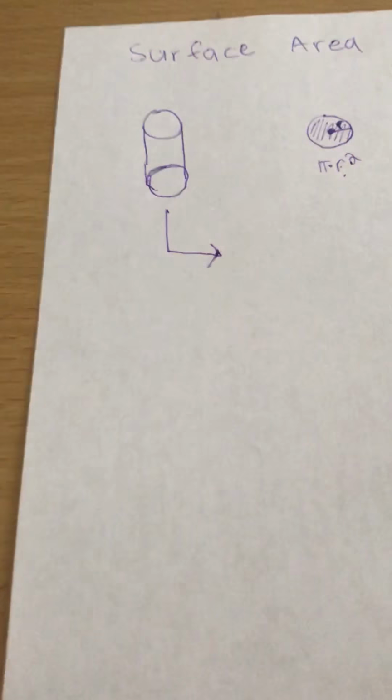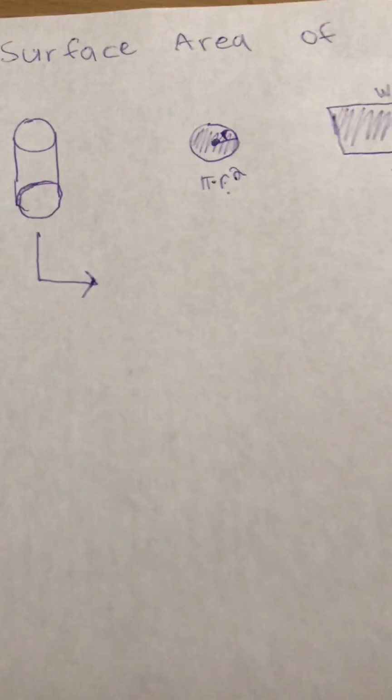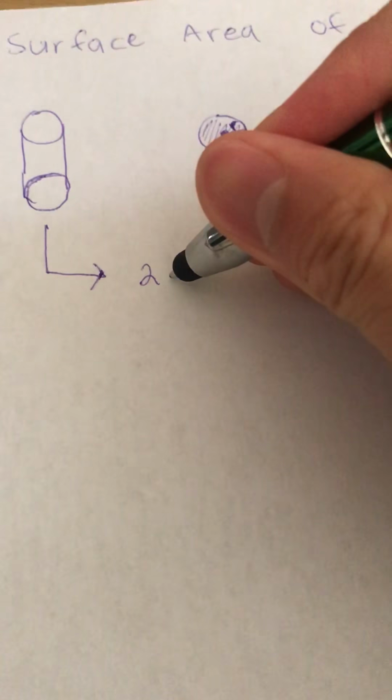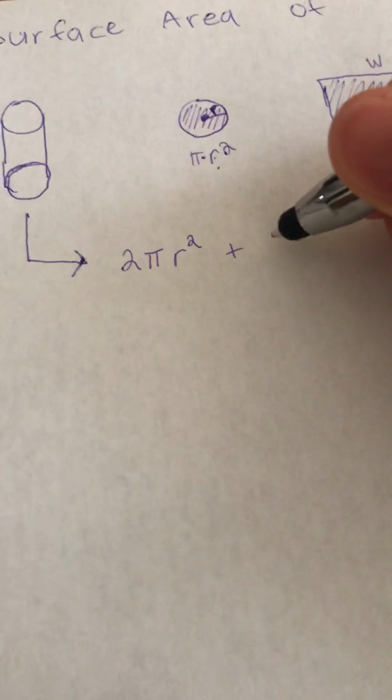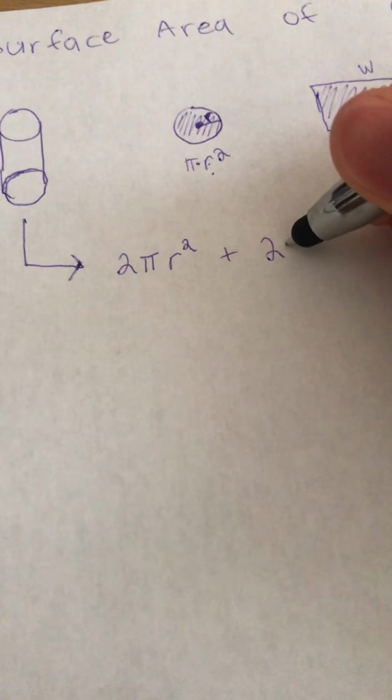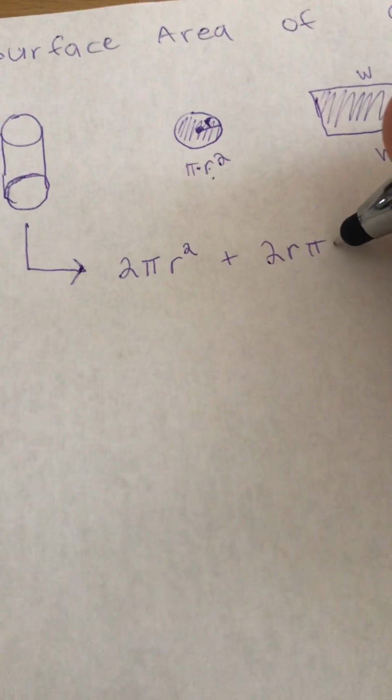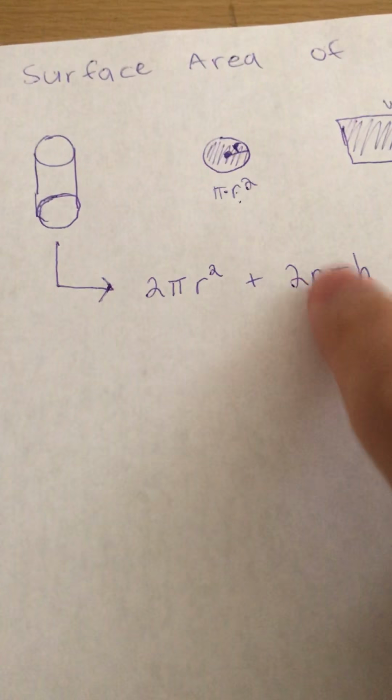Now the formula for the surface area of a cylinder, which you haven't learned yet, is going to be 2 pi r squared plus 2r pi times height. When there's no sign in between numbers and letters, that just means multiplication.